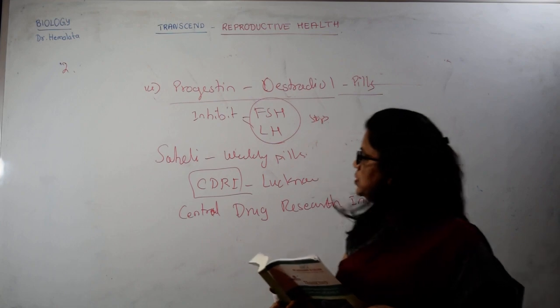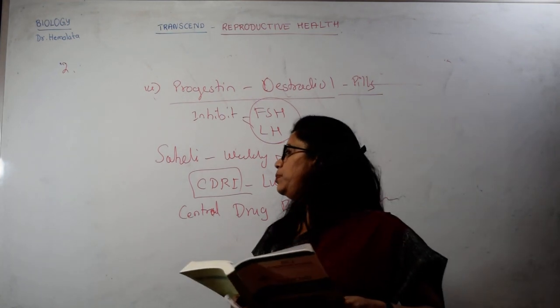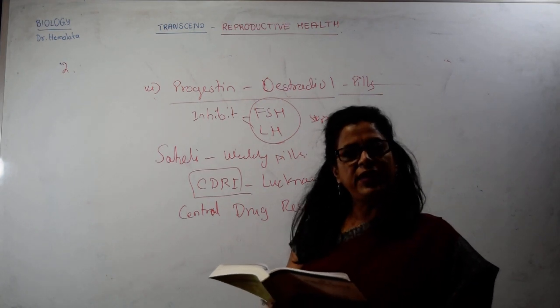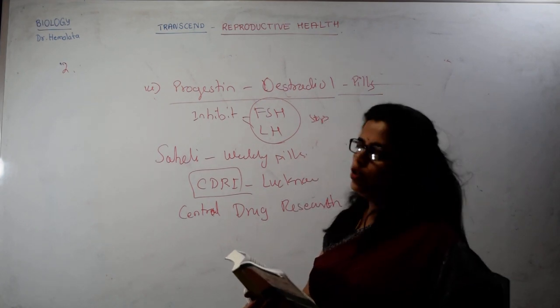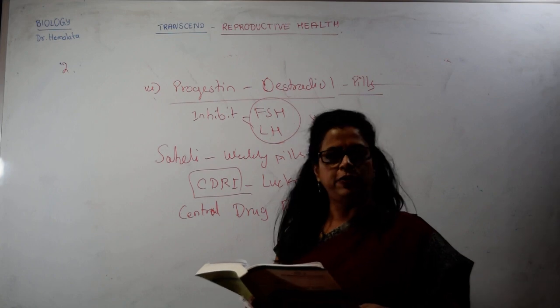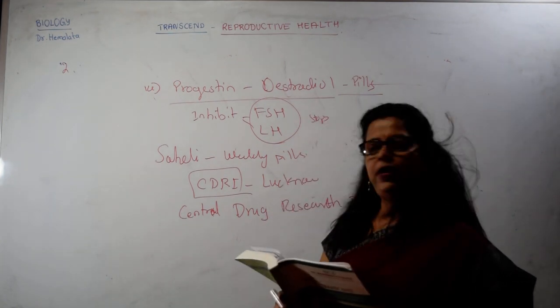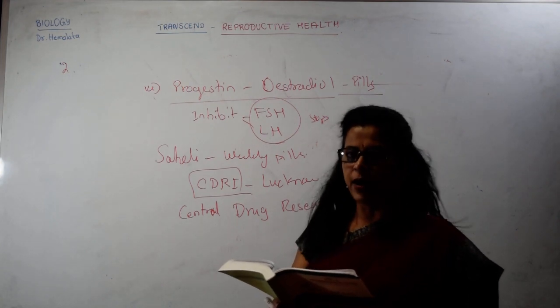This contains both hormones, progesterone and estradiol. Mala-D contains a single hormone, while this is a combined pill, with estradiol and progesterone.